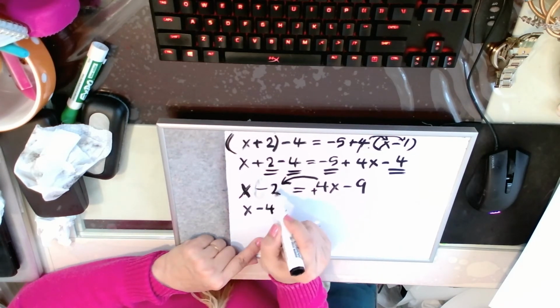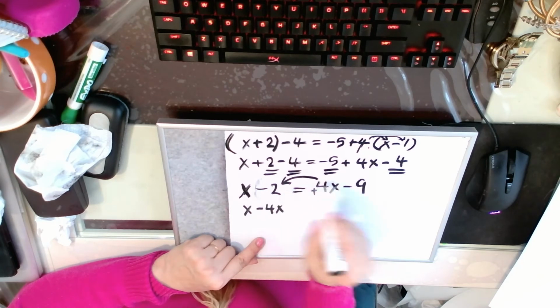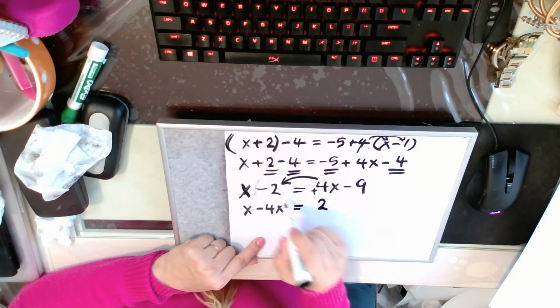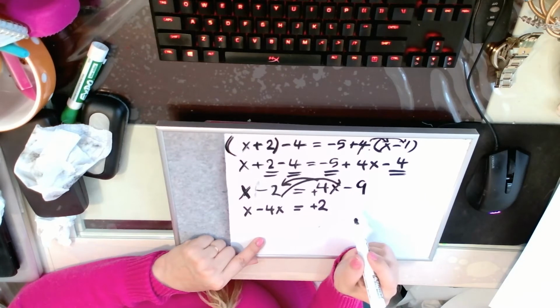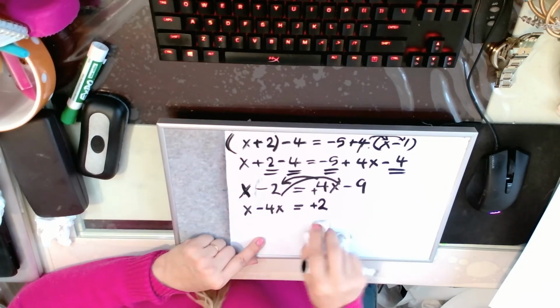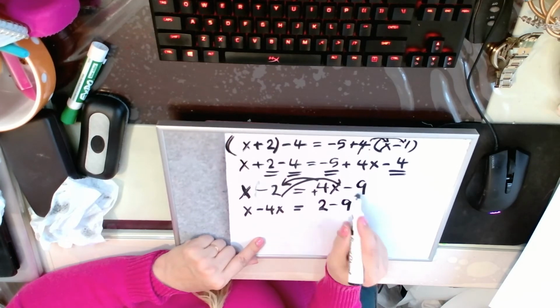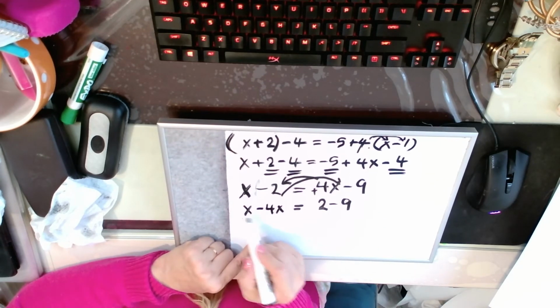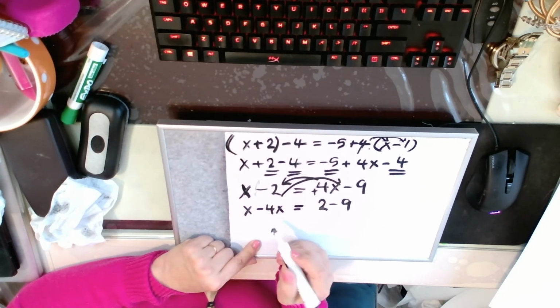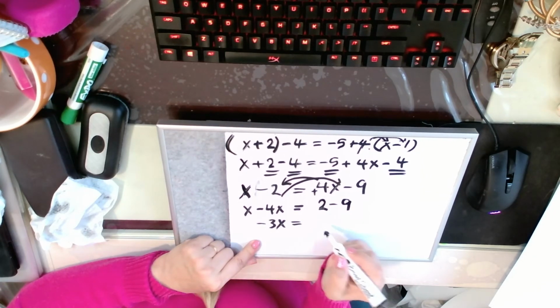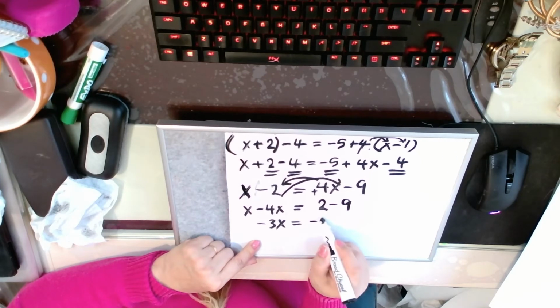And you can move minus 2 to the other side by changing its sign, it's going to be plus 2. Or you can just write 2 minus 9. Now x minus 4x, it's minus 3x equals 2 minus 9, it's minus 7.